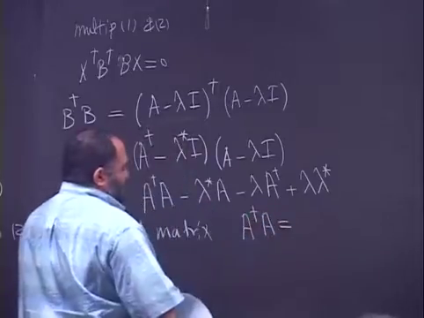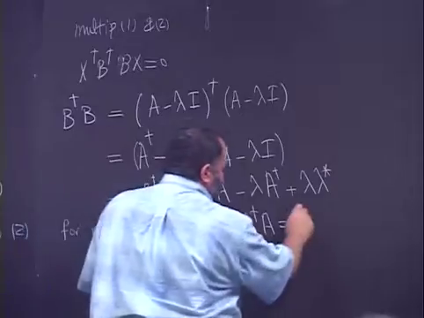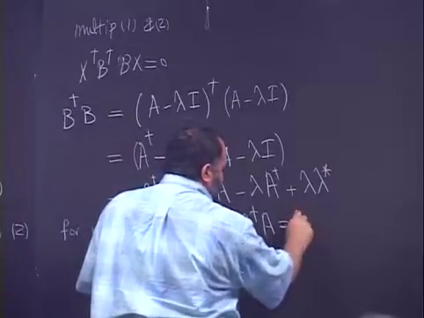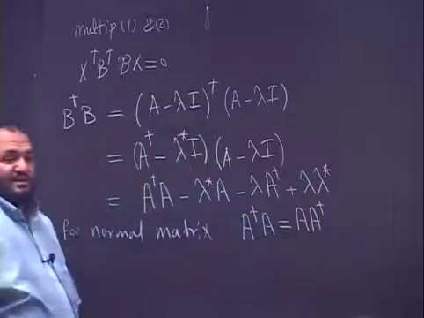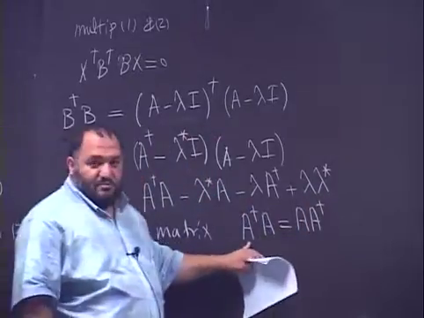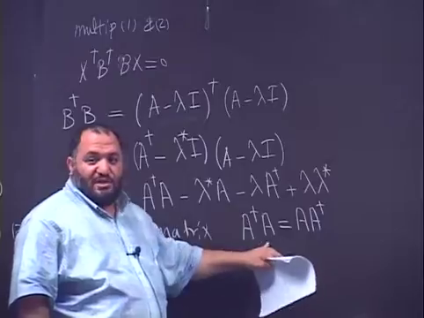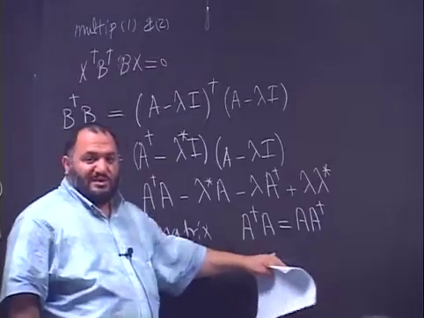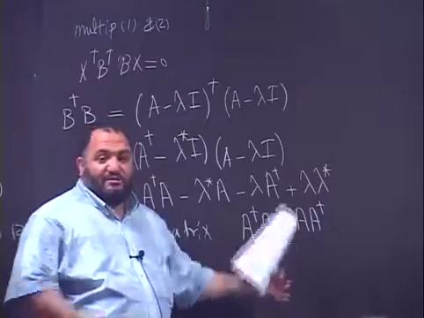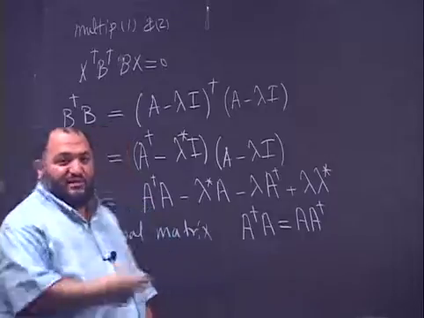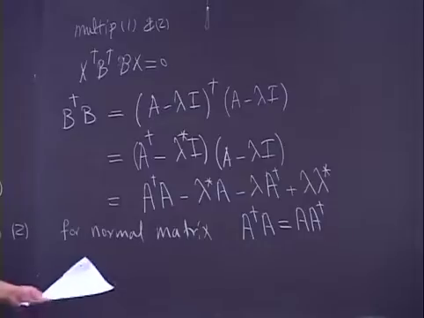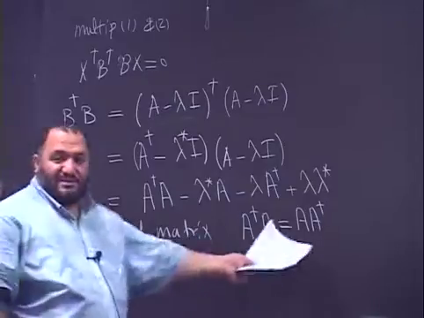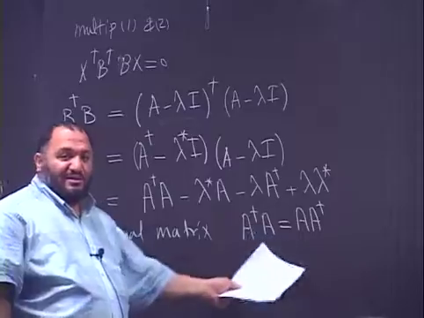For normal matrices, the multiplication of the Hermitian adjoint by the matrix will commute, meaning you can flip the order. This is one of the nice features of normal matrices: they commute. Generally, matrices do not commute, but for normal matrices, the property is that they commute.